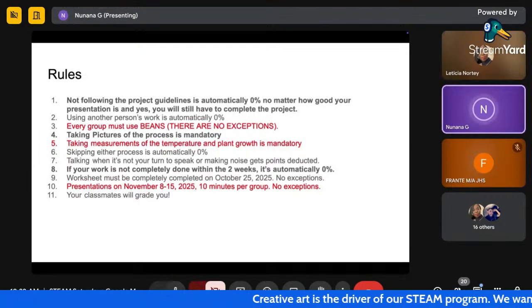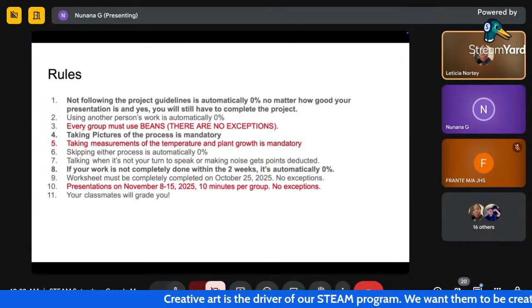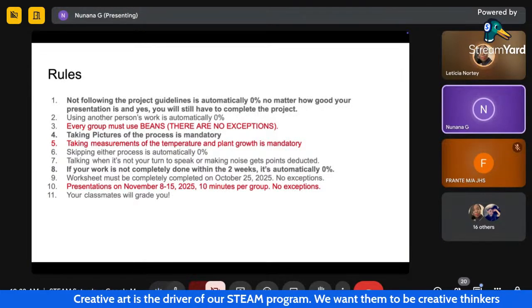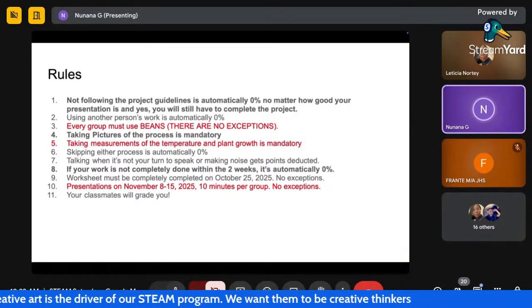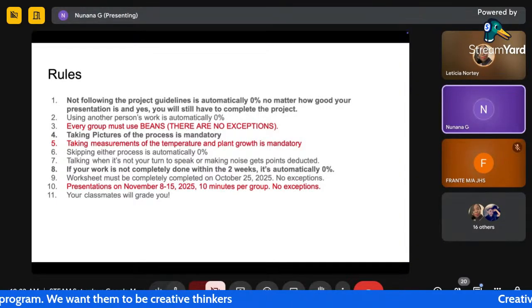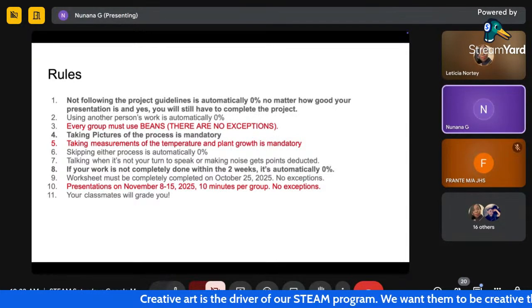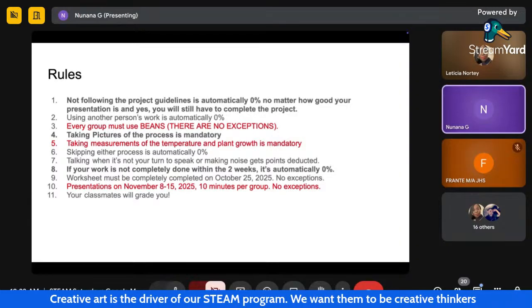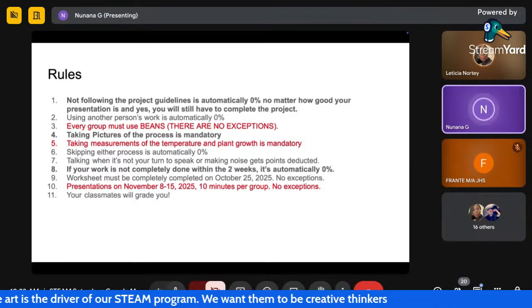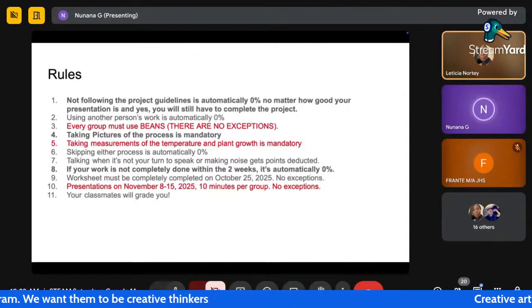All right, here are the rules. Not following the project guidelines is automatically 0%. I shared the guidelines with your teachers, or put them on the chat, so if you're on there, you can see it. Your teachers should share that with you.